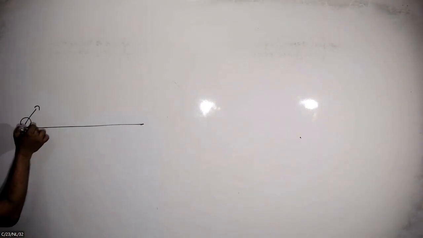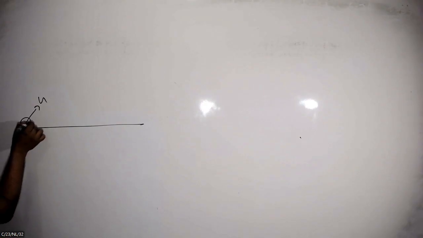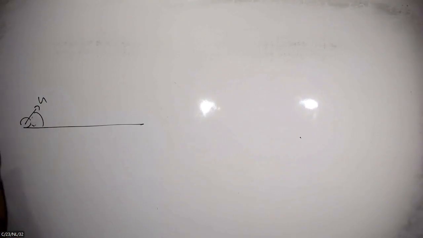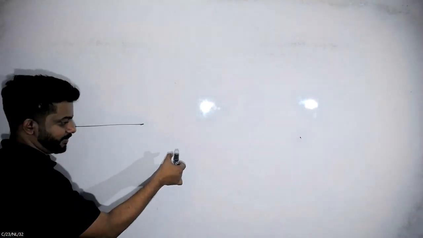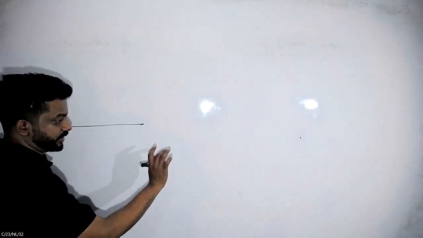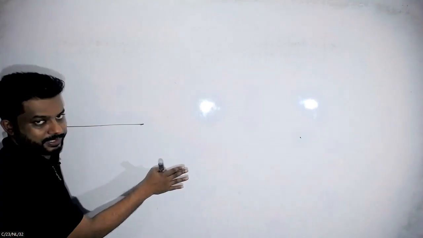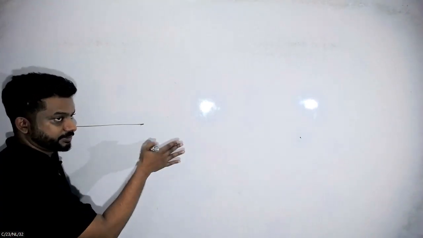Initial velocity of the bullet is u. Here you should remember, you cannot change the magnitude of this velocity. It is a constant, right? The magnitude of the initial velocity given to the bullet by the gun, it is a constant. You can change the direction of the velocity by changing the position of the gun, right?